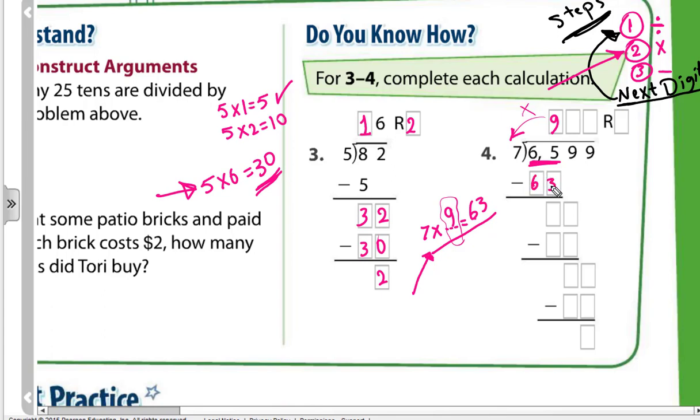And what should we do after we multiply? Subtract. Excellent. 5 minus 3 equals 2. Great. And 6 minus 6 is 0. Great. Thank you, my hero.